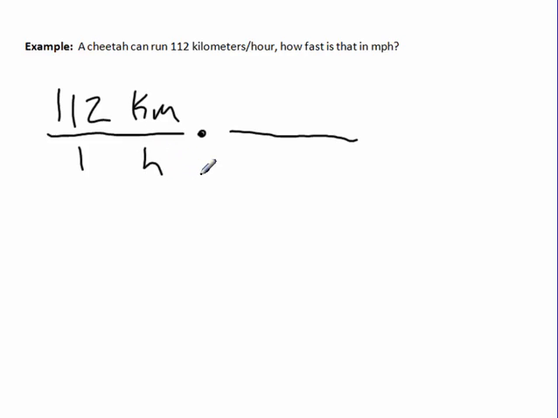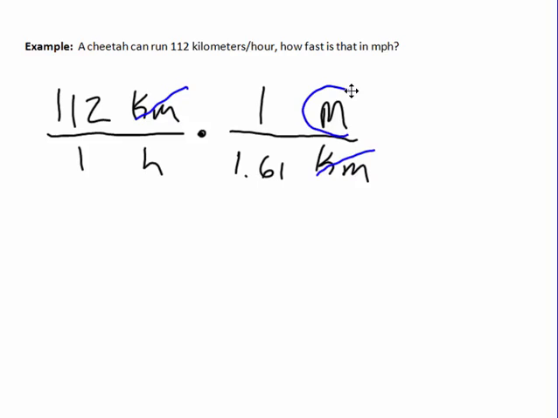I'm okay with hours, but I want to get rid of kilometers, so I need to put kilometers in the denominator of my other fraction. And I want to change it into miles. And now I don't know if you remember, but it's 1 mile for every 1.61 kilometers. And now here, my kilometers cancel. Kilometers cancel. And I'm left with miles per hour, which is great.